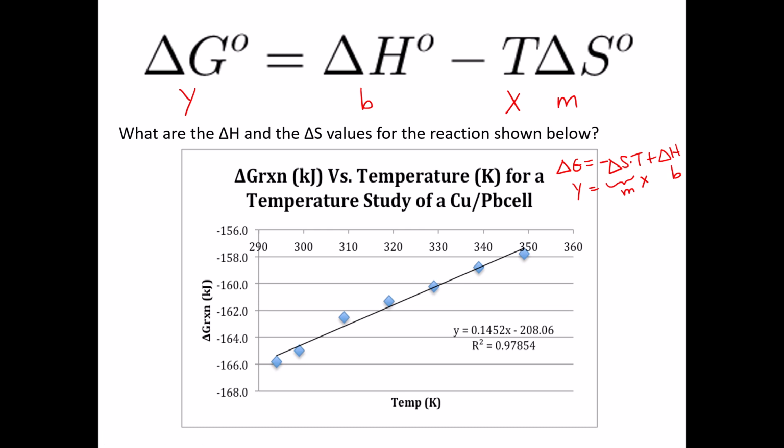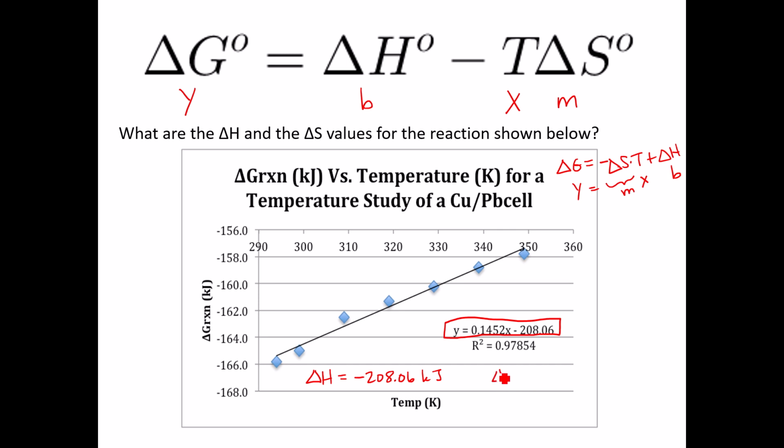Alright, so if we then look at our data, which is graphed for us as a straight line, we can use the equation of the line to find our delta H and delta S values. In this situation, our delta H is our y-intercept, which would be the negative 208.06 kilojoules, getting this from the equation.